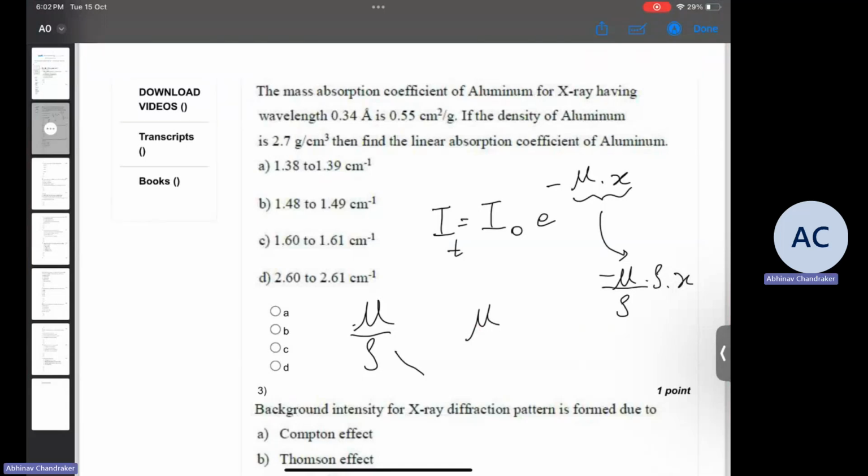Mu by rho is the mass absorption coefficient, which is independent of the state of the material. The higher the density, that is, the more close packed the material is, the higher will be the linear absorption.